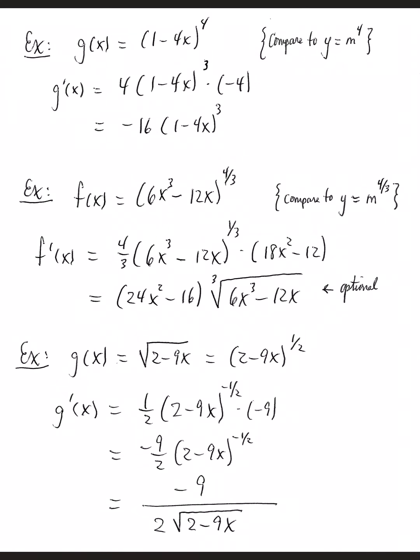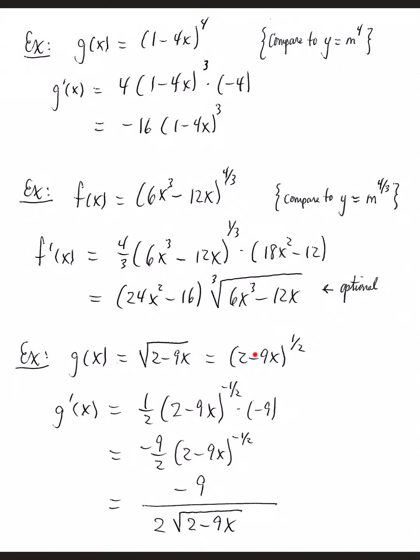Just be careful. Our last example, we're going to define g of x as the square root of 2 minus 9x. Again, a radical you can write with a rational exponent. Specifically, a square root is a power of 1/2. So our function can be rewritten as (2 minus 9x) quantity to the 1/2 power.